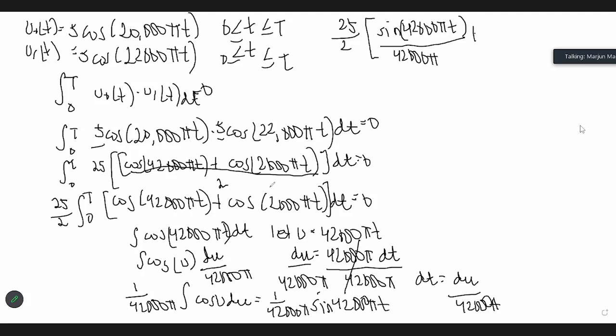Okay? So, same thing sa kabila. So, that is sine 2,000 pi t over 2,000 pi from limits 0 to t is equal to 0.